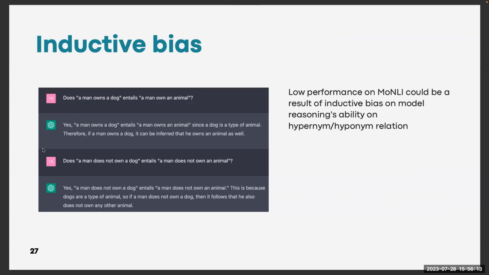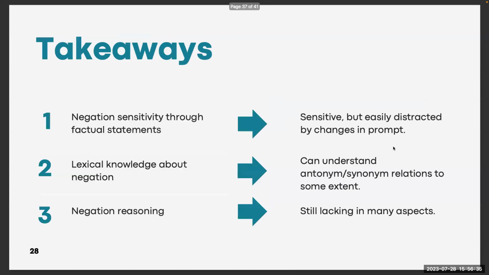If you look at the output of ChatGPT here, you can see that they apply the same reasoning to both queries. So I guess that can explain why ChatGPT didn't improve the performance on the data set that has hypernym and hyponym.